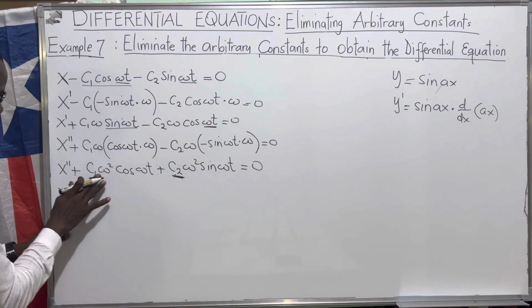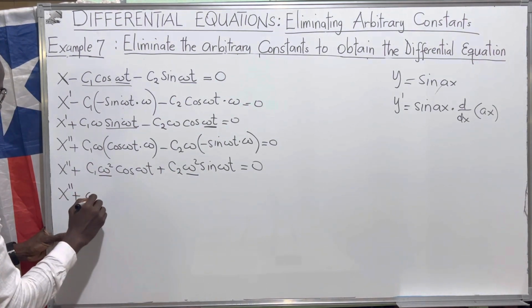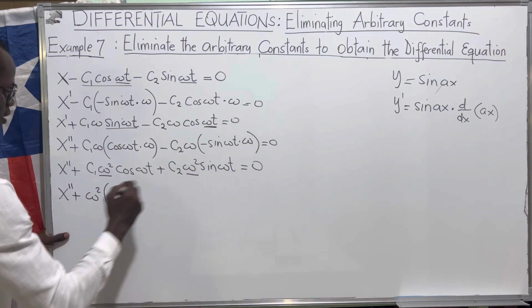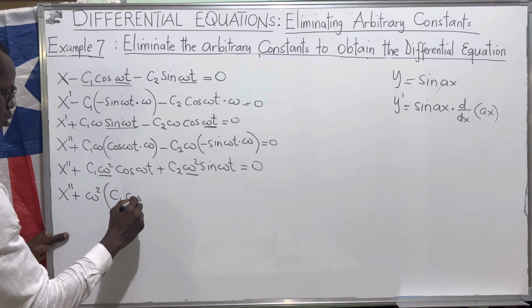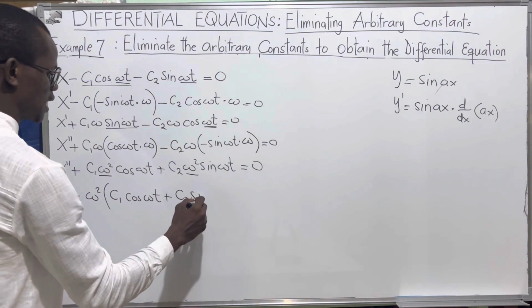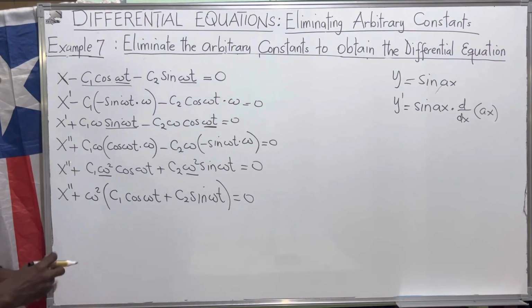What if we factor out omega square? What will be left here? You get c1 cos of omega t plus c2 sine of omega t equals 0.